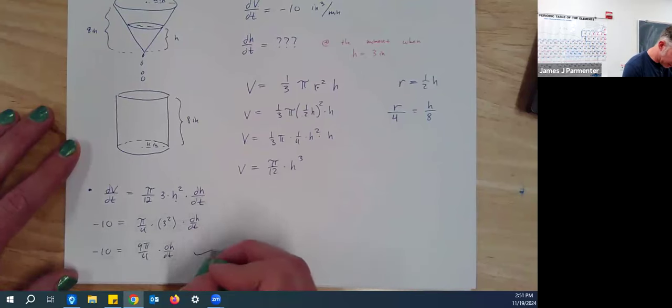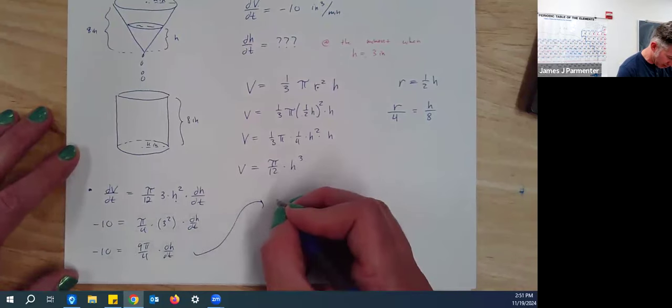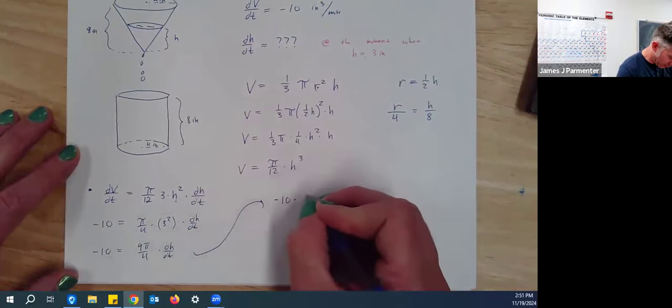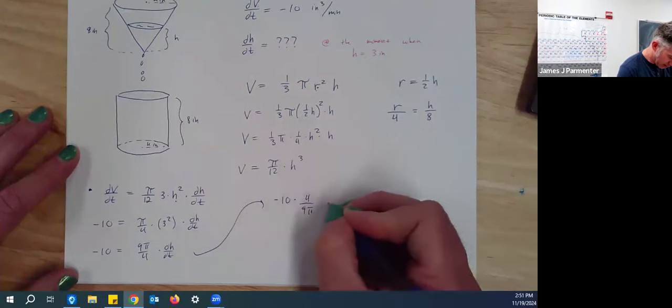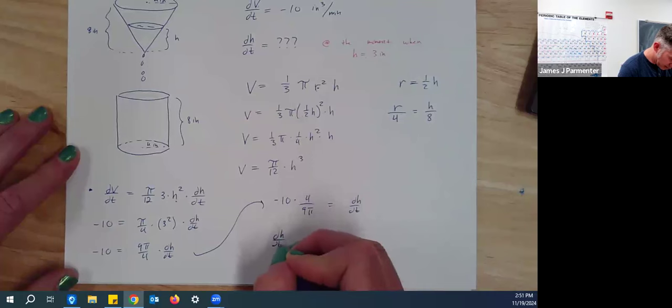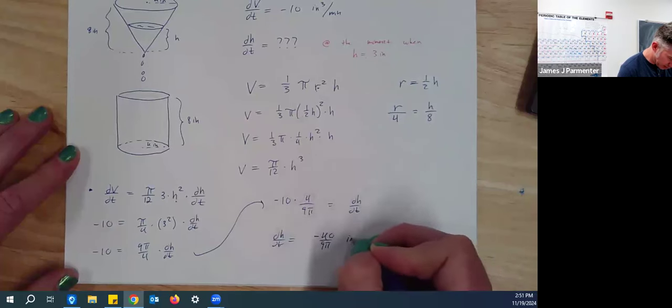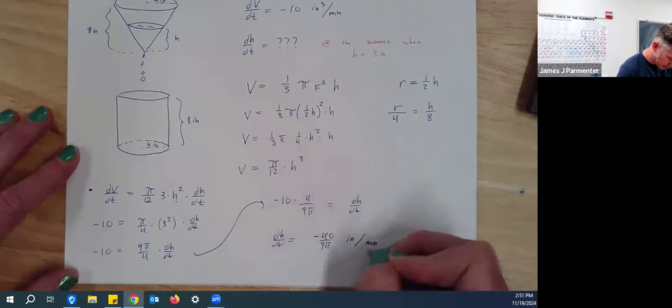So I'm going to solve for dh/dt by multiplying both sides by 4 over 9 pi, and the pi ends up in the denominator. -10 times 4 over 9 pi equals dh/dt. In other words, dh/dt is equal to -40 over 9 pi inches per minute.